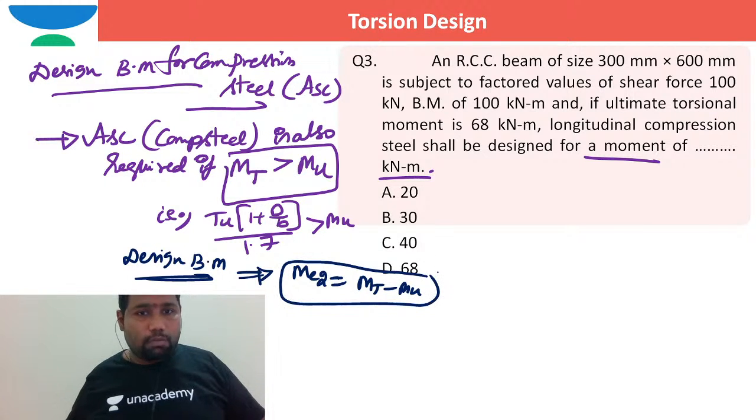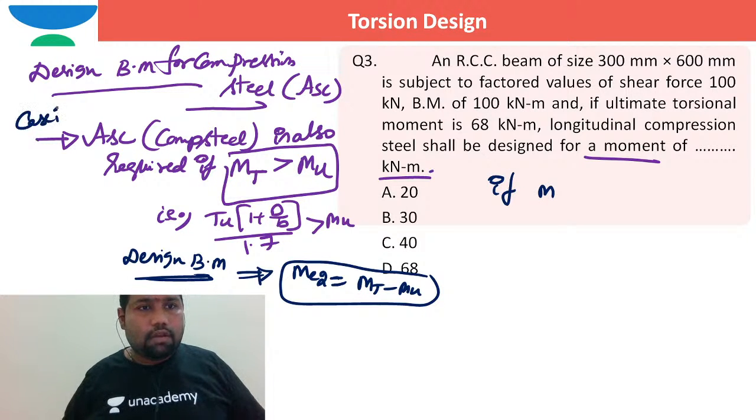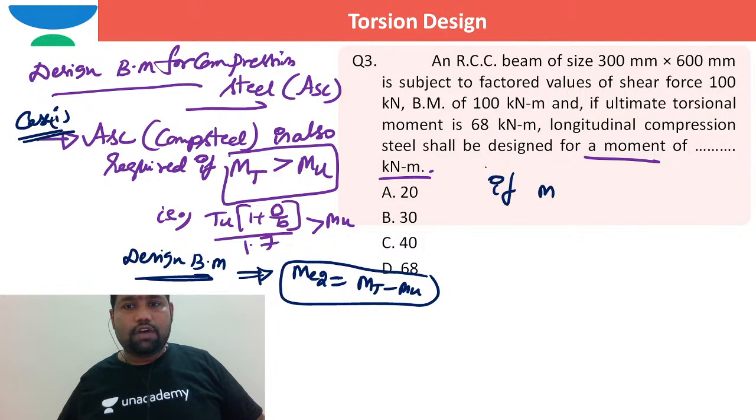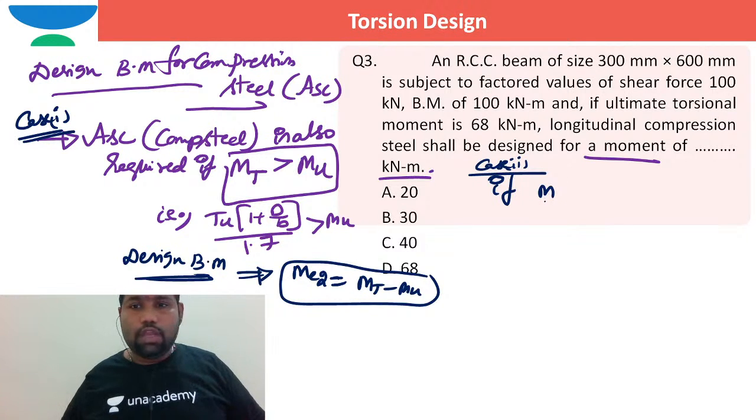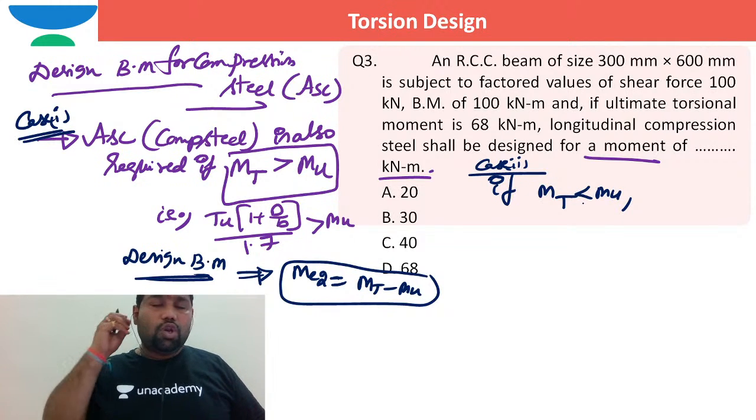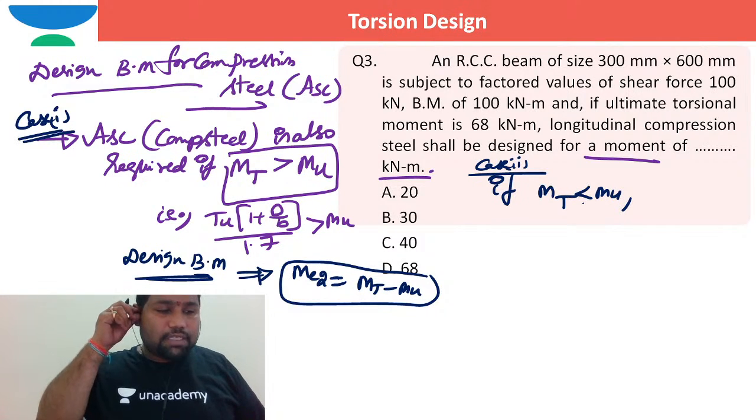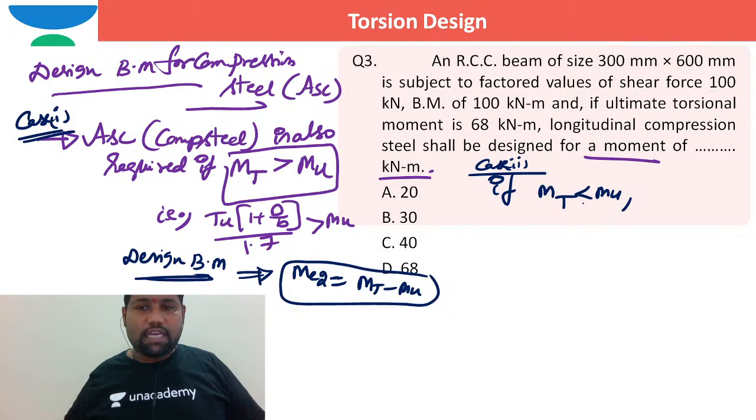Let us suppose there is one more case. This is case 1 for compression steel. For case 2, if Mt is less than Mu, then in that particular case there is no need to provide any extra compression steel. No compression steel is required.